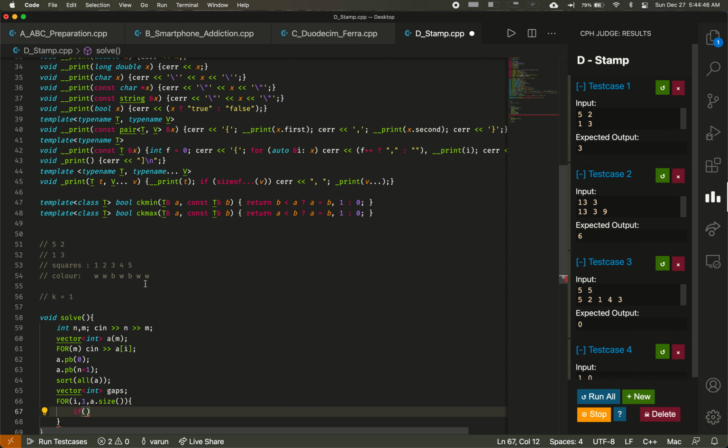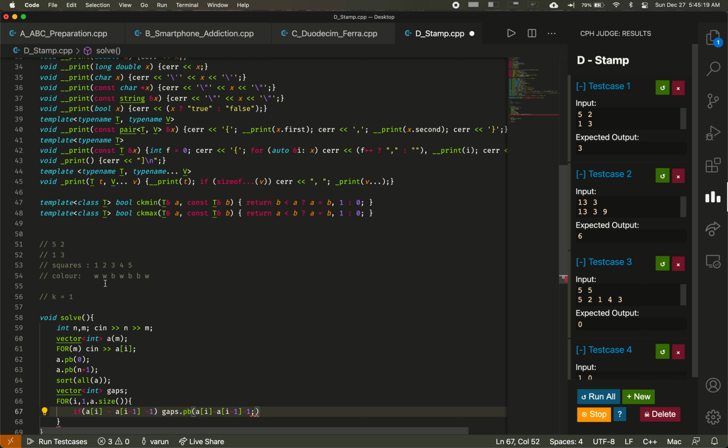And the size of a gap would be 0 if there were 2 blue squares next to each other. So therefore there'd be no white squares between these 2 blue squares, therefore the size of the gap is 0. So to find the size would be a[i] minus a[i-1] minus 1. So as long as this is not 0, gaps dot push back that value.